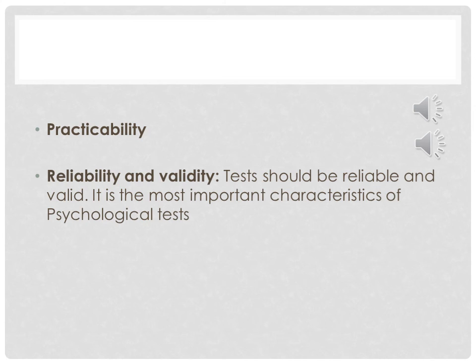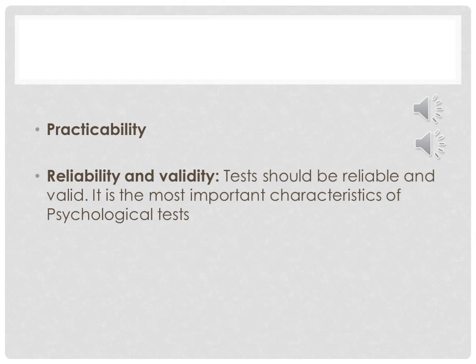And the other important characteristics of a good psychological test are reliability and validity. Sometimes we will be very familiar with these two terms. The test should be reliable and valid. It is the most important characteristic of a psychological test. Reliability refers to the extent to which the obtained results are consistent.